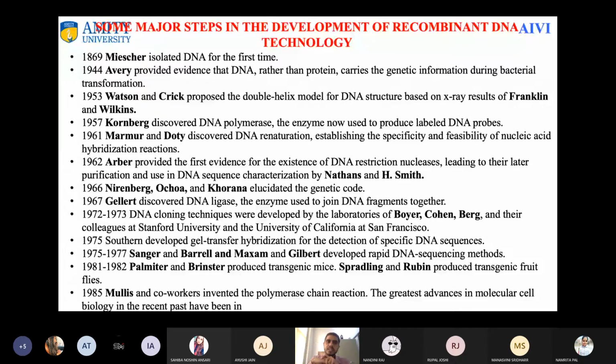So the first discovery was in 1869, because earlier than this you were not aware of what genetic material is. In genetics, genetic material carries information across generations. So in 1869, we came to know that Miescher isolated the DNA. Then we come to 1944, so a large gap is there, because the discovery of DNA came in 1869, but you were not aware of what purpose the DNA serves.